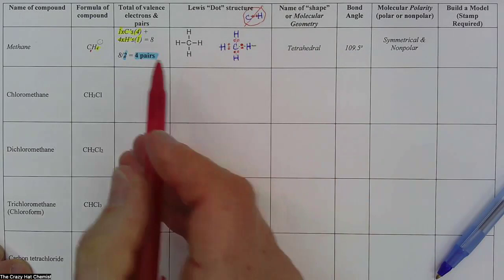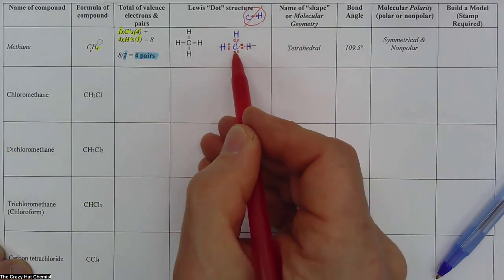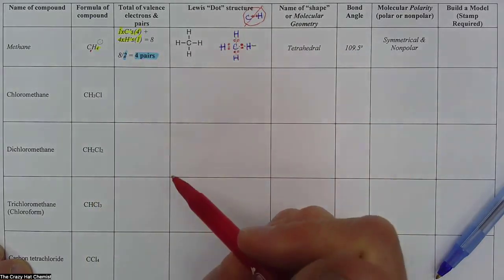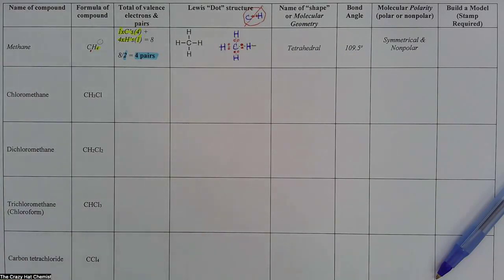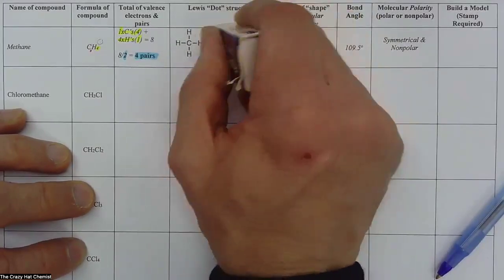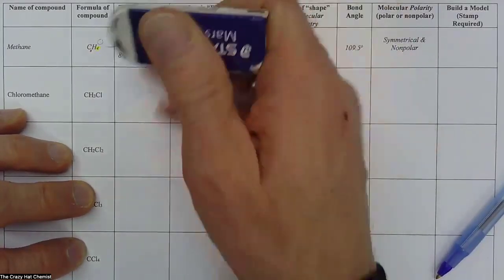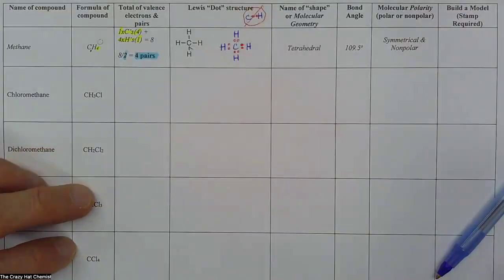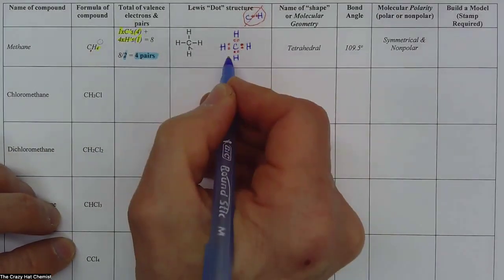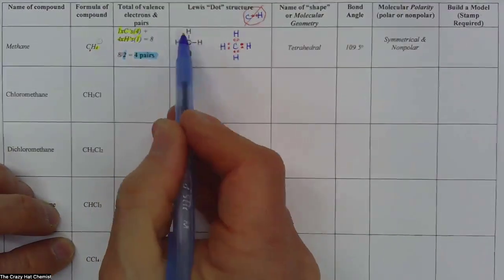And so we have placed our 4 pairs. That's 1, 2, 3, 4 pairs of electrons. What doesn't belong here are the pencil marks that I've drawn, so I'm going to erase the pencil marks. And what remains is exactly what we have over here on the left-hand side.